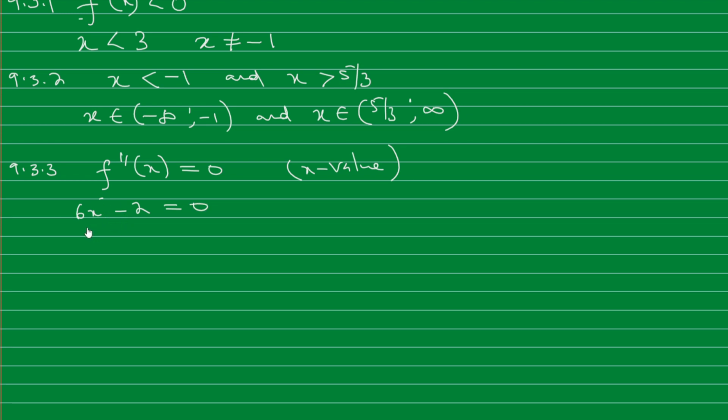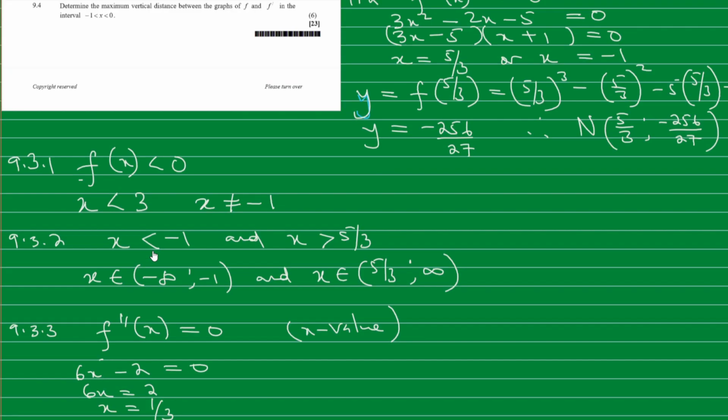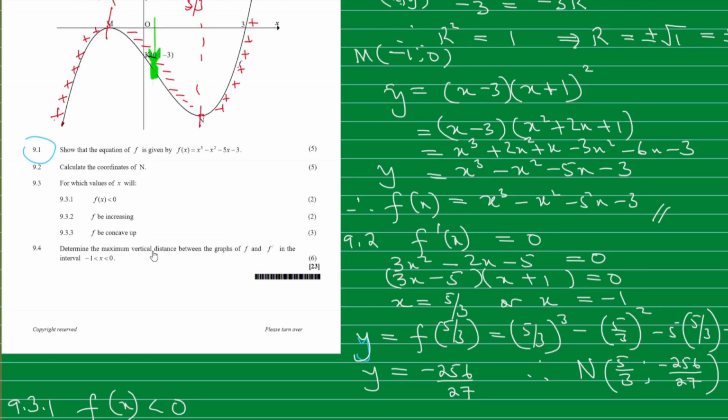So for x, 6x is equal to 2, and x will be equal to 1 over 3. So that is the x value of the point of inflection. So this point here that is in the middle is 1/3. Okay, the value of x is 1 over 3.